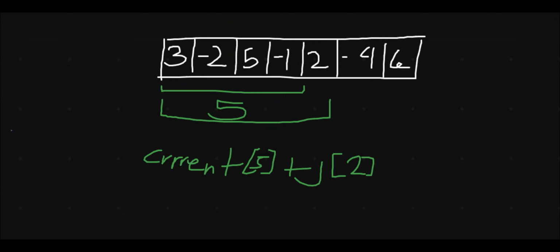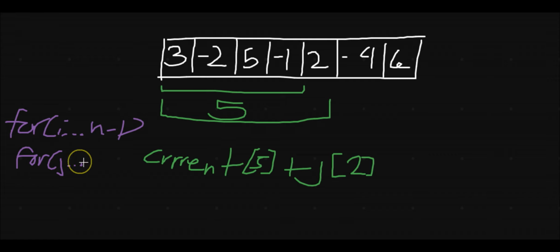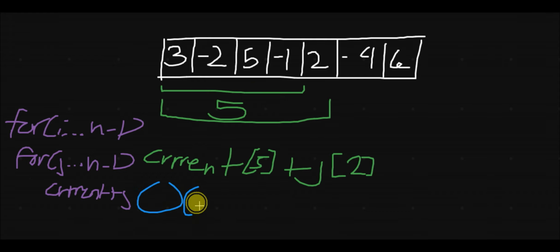So say for every i until the end of the array, n minus 1, and for every j until the end of the array, n minus 1, in this loop you just have the current sum plus j. So the time complexity will be O(n^2).